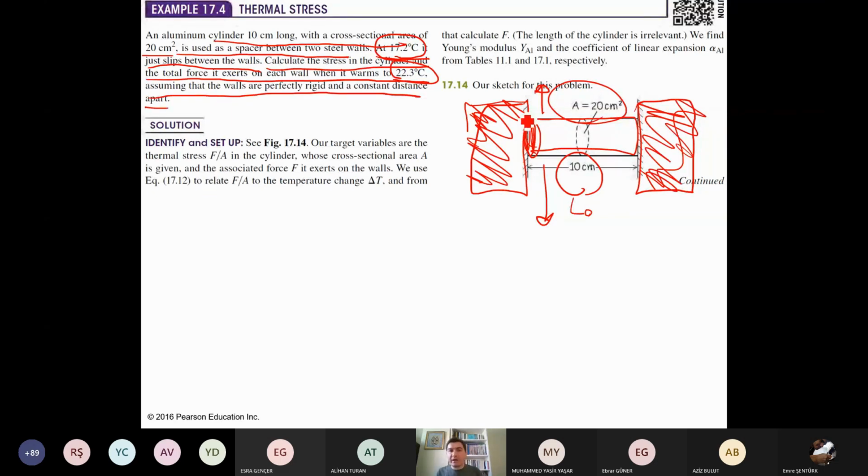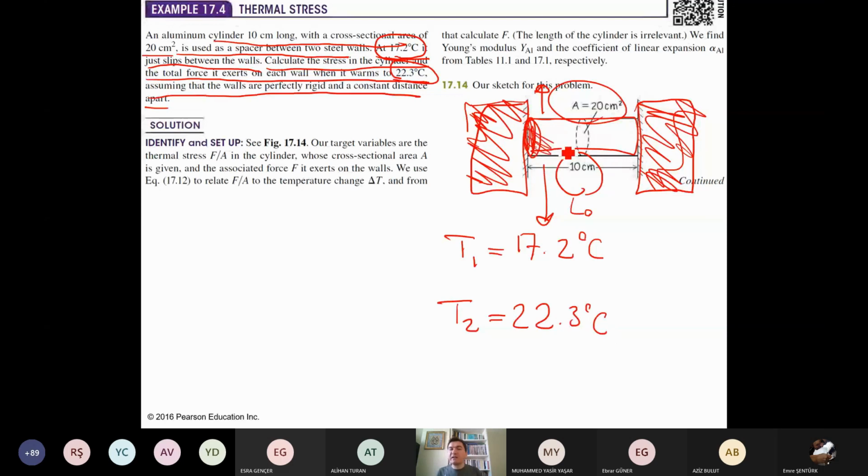So at this temperature, 17.2 degrees Celsius, this aluminum rod can move up and down easily, and if you increase the temperature to this value, then what you expect, this rod will expand.